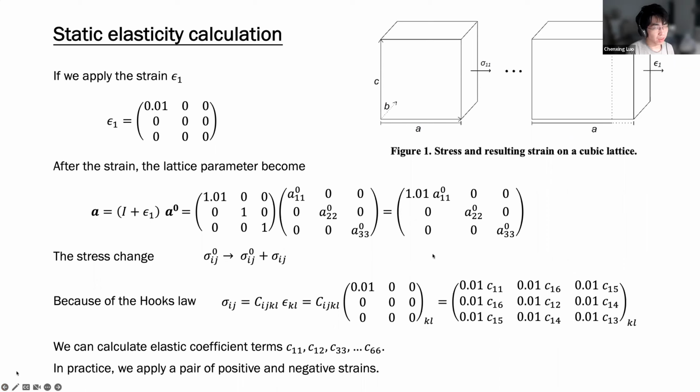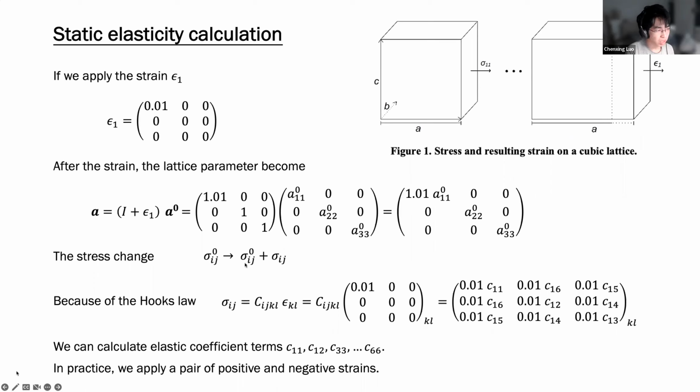And we have the lattice parameters after the change. That is, the 1,1 direction is stretched by 1%.